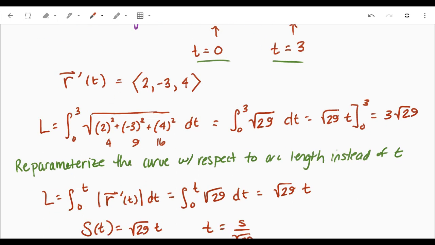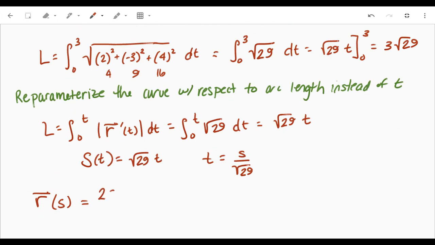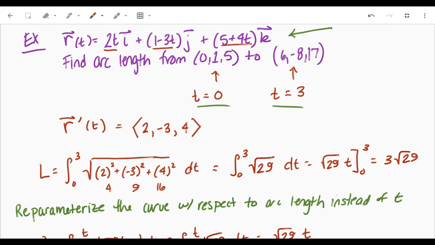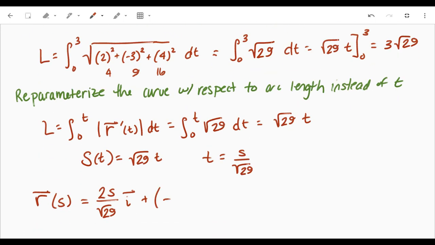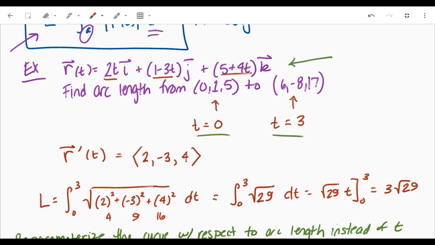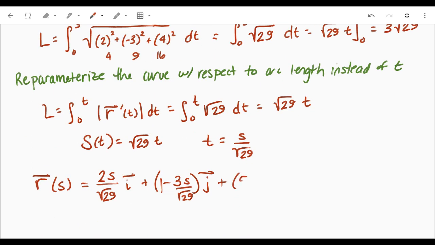So 2 times s over the square root of 29 i, plus 1 minus 3 times s over the square root of 29 j, plus 5 plus 4 s over the square root of 29 k. So now I can plug in an arc length and see where I am on the curve.